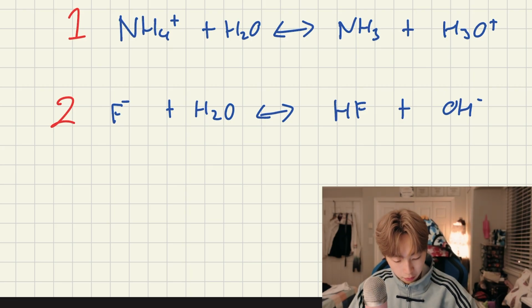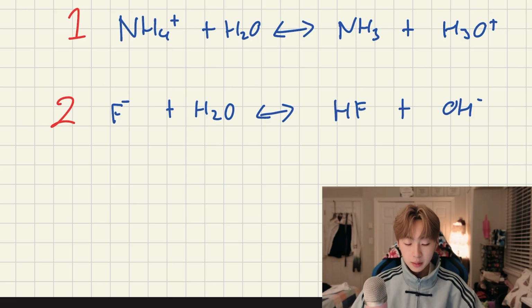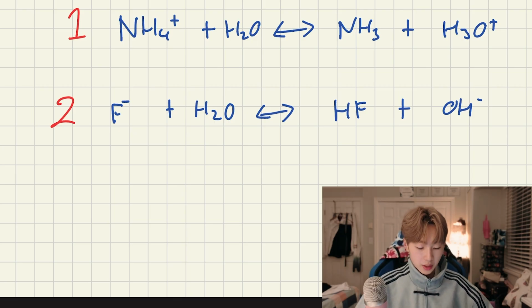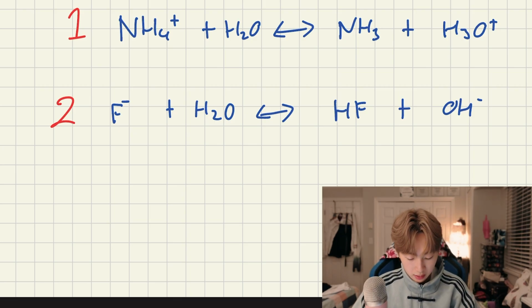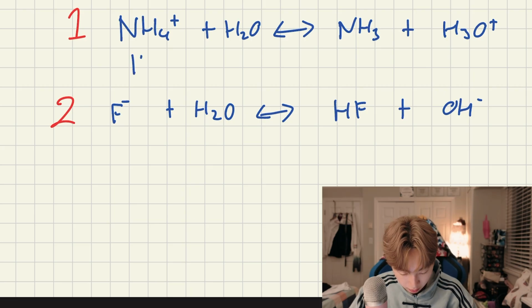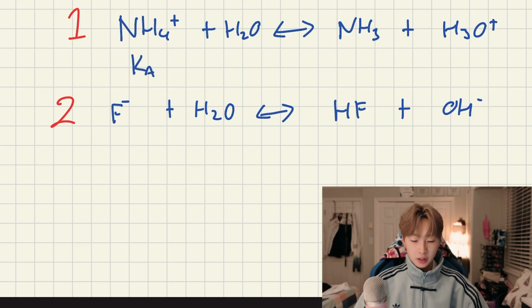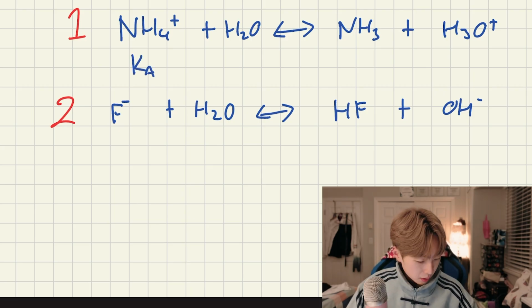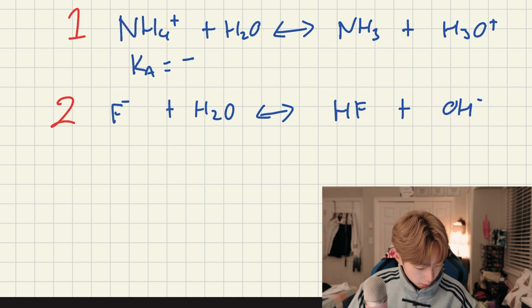For our first equation, since it's acidic, we're going to be comparing the Ka. And our second one, since it's basic, we're going to compare the Kb. Let's look at our first one. We look at our chart, and our Ka is going to be equal to 5.6 times 10 to the negative 10.